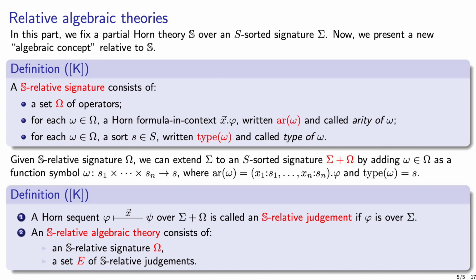And a logical theory which has S-relative judgments as its axioms is called an S-relative algebraic theory. That is, an S-relative algebraic theory is a pair of an S-relative signature omega and a set E of S-relative judgments.